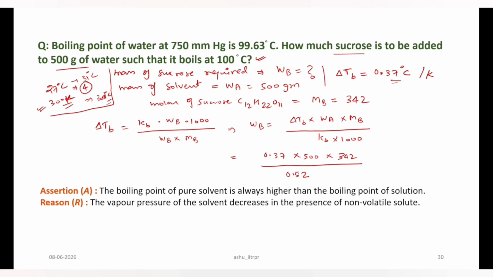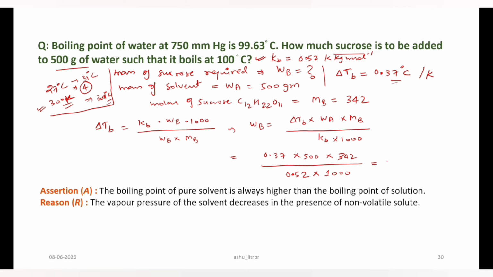I think it is not given in the question. Okay, so you can write it, it should be given in the question. For water, the value of KB is 0.52, and the unit is Kelvin kilogram per mole. So KB is 0.52, into 1000.